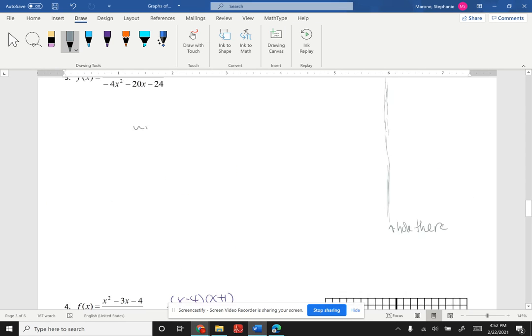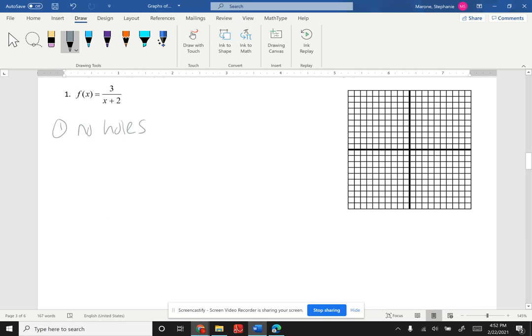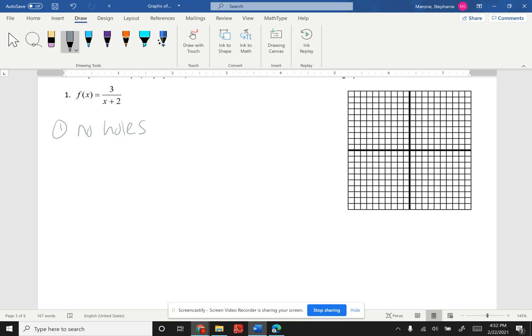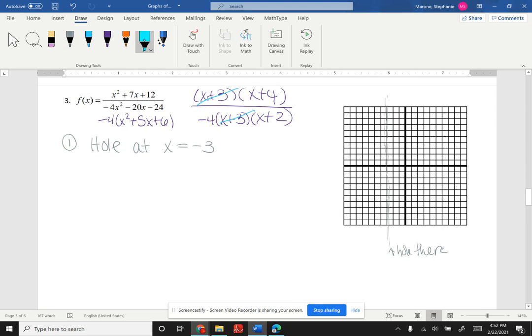So that's step 1. I wouldn't go through and do that for each of these problems like I did for the holes, but I just wanted to make sure that we knew that there was a hole in number 3, because we're going to forget about that once we graph it.